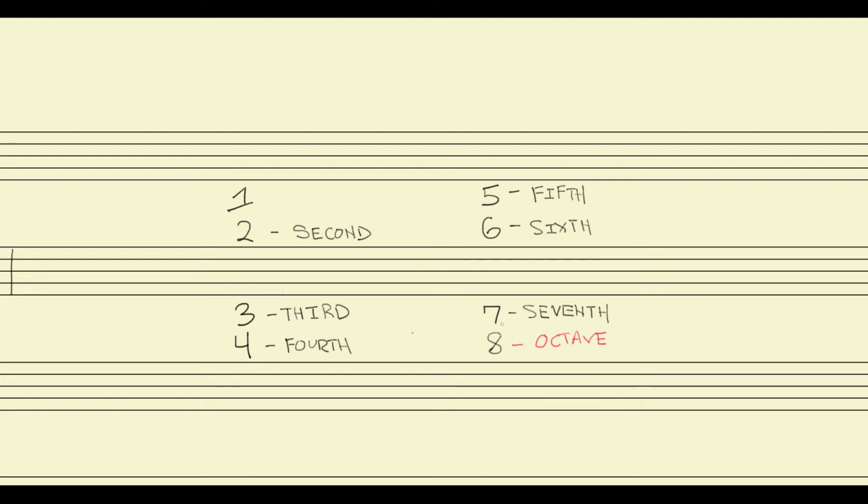So we never call it the 8th, we call it the octave. And the interval of 1, we never call that a first, we call that a unison. So the intervals that we have up to the distance of 8 notes are known as the unison, the 2nd, the 3rd, the 4th, the 5th, the 6th, the 7th, and the octave.